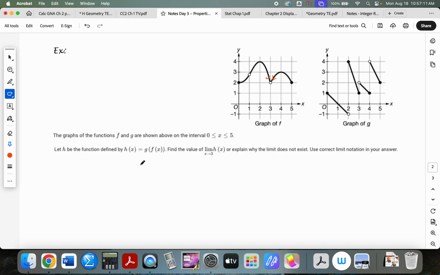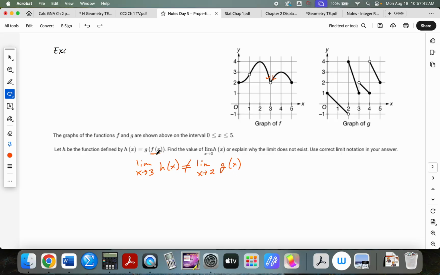So you can't just do what people want to do on this when they're doing the limit as x approaches 3 of h of x. That's not necessarily going to be the limit as x approaches 2 of g of x.